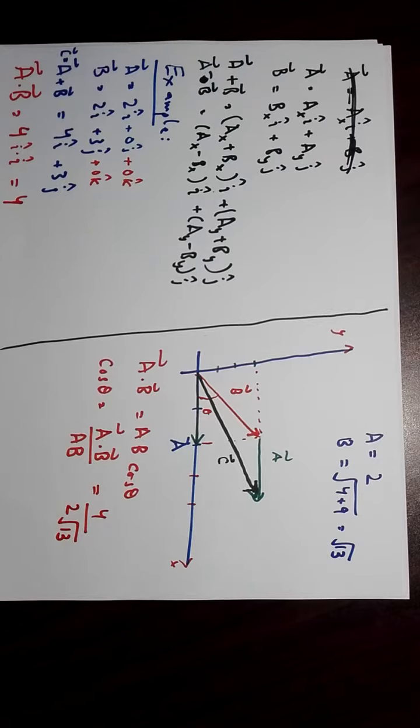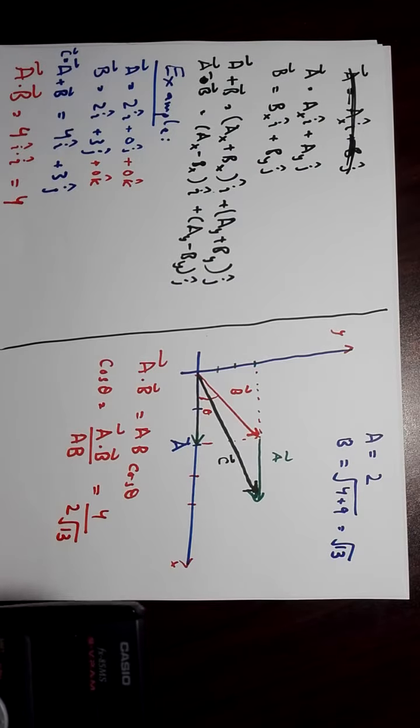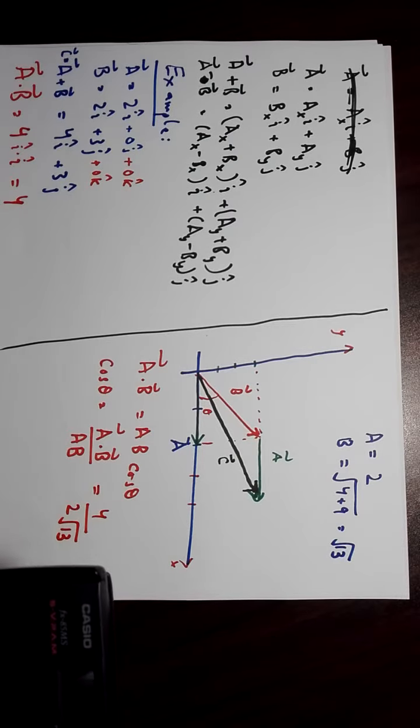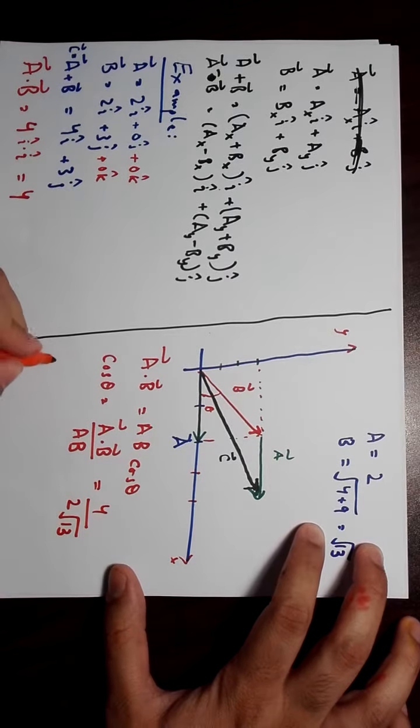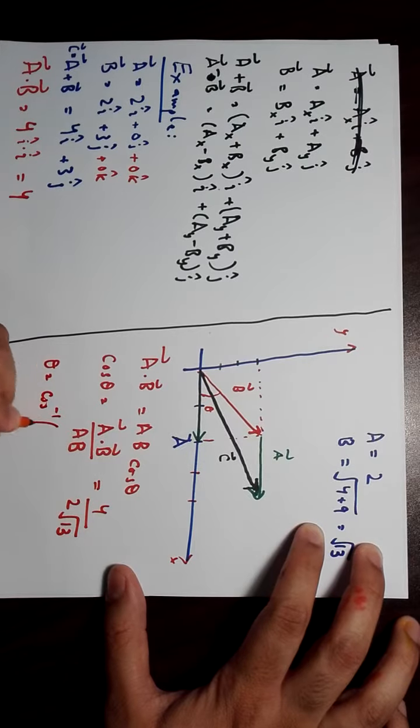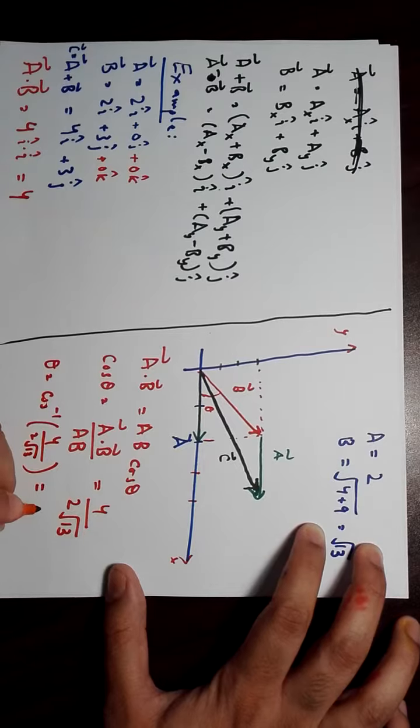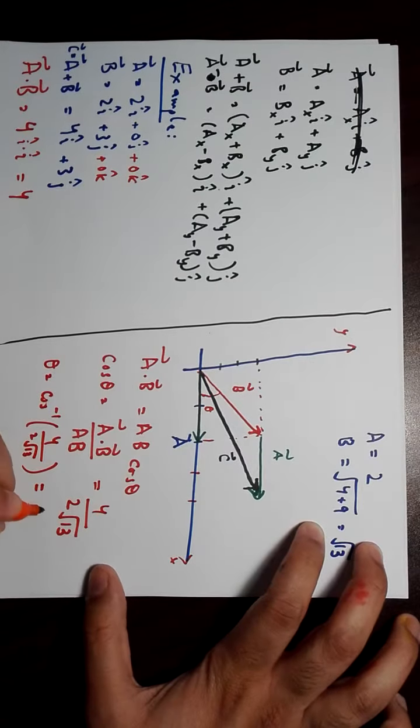So let's quickly use the calculator. You get 4 divided by 2 times the square root of 13, and then you take the cosine inverse of that. You get 56.3 degrees. So theta is equal to cosine inverse of this factor, which is 56.3 degrees.